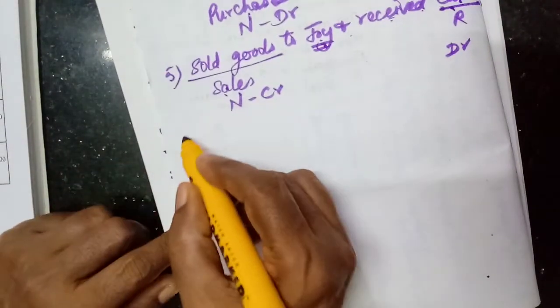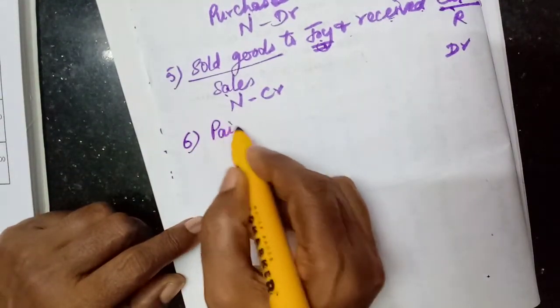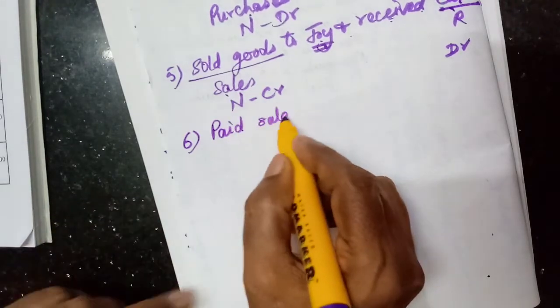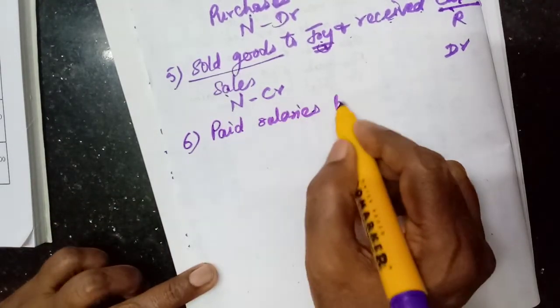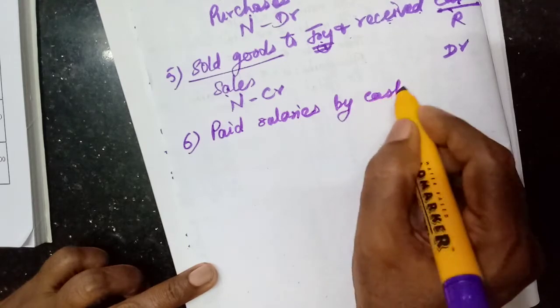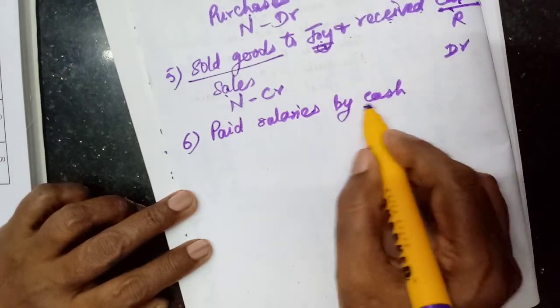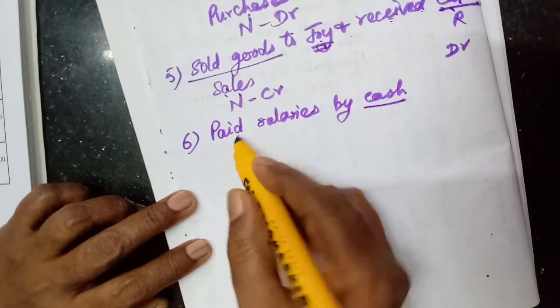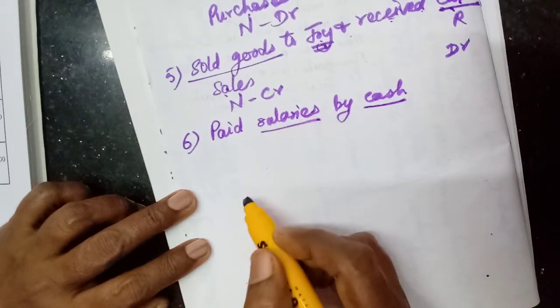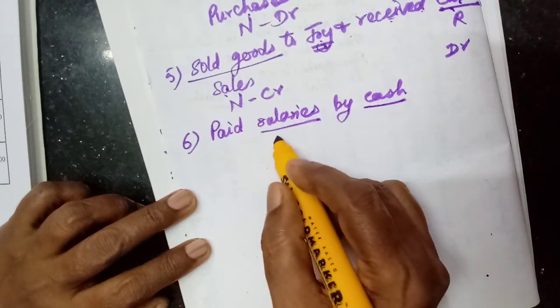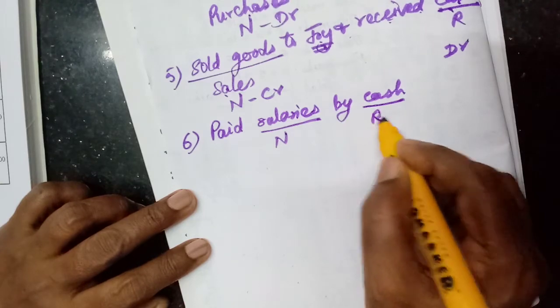Then sixth one, paid salaries by cash. Here cash transaction, isn't it? Then paid salaries, it is an expense. Okay, expense means nominal account. This is real account.